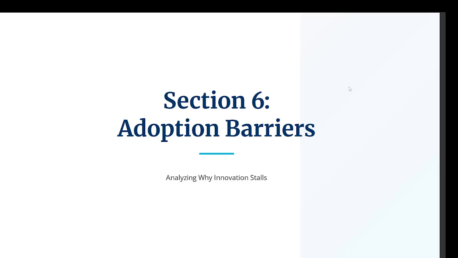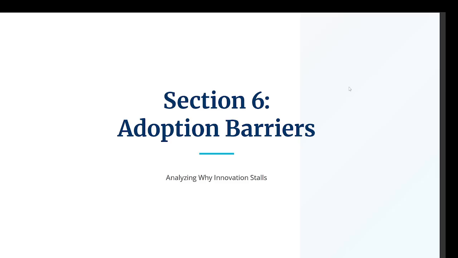This is section 6, adoption barriers. In this section we discuss the barriers. Despite favorable characteristics, not all innovations achieve the widest adoption. This occurs because diffusion is influenced not only by the innovation but by numerous barriers operating at the individual, organizational, financial, technological, and regulatory levels.